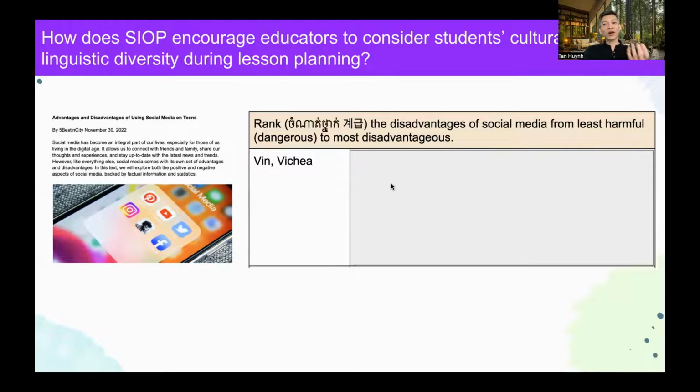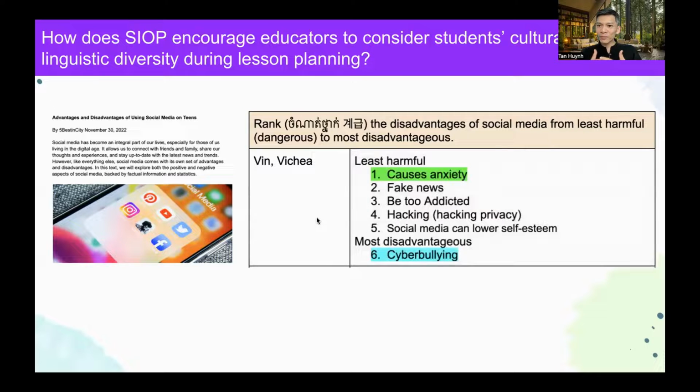So Vin and Vici are Khmer, and they speak Khmer together really well. So I said, now that you read an English article, let's process the ideas in Khmer, which is fine, and then produce your ranking for me in English, because I don't understand Khmer as well as you do. So speaking Khmer about the article that was in English, but please rank the disadvantages of social media using your language, but please put it in English so we can all see.